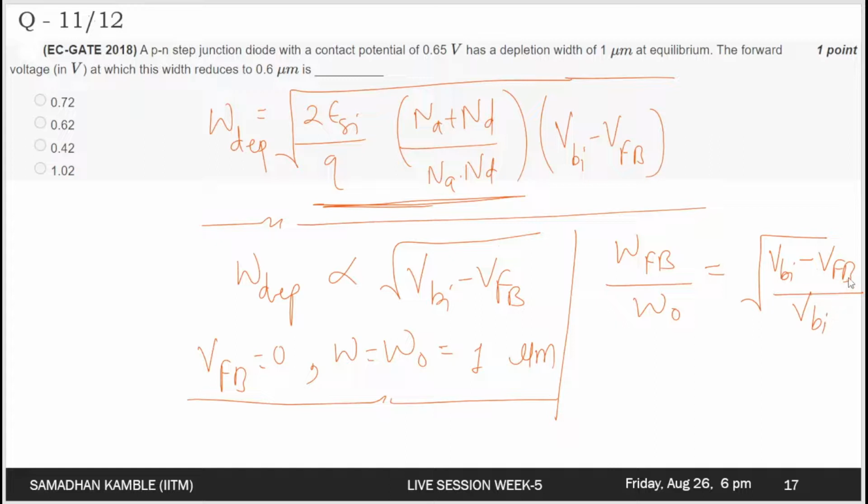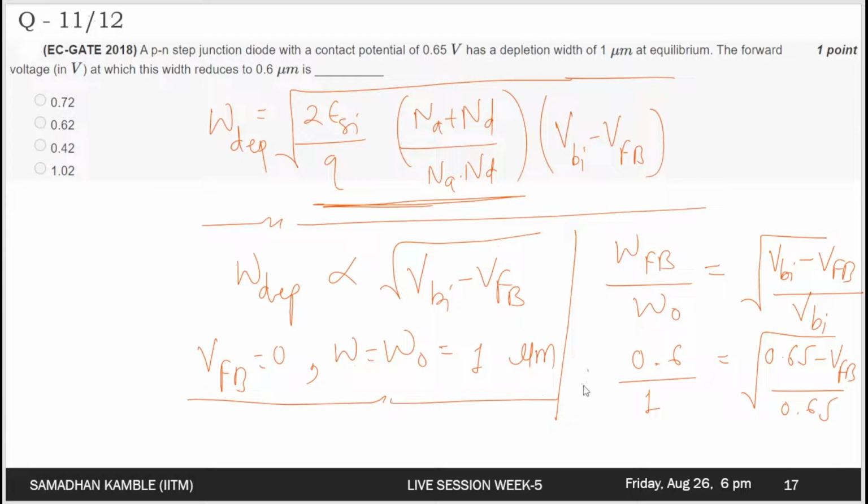In the no-bias case, VFB is 0. So WFB is 0.6 micron, as you can see here. So 0.6 micron divided by 1 micron is the square root of (0.65 minus VFB) by 0.65, where 0.65 is the built-in potential.